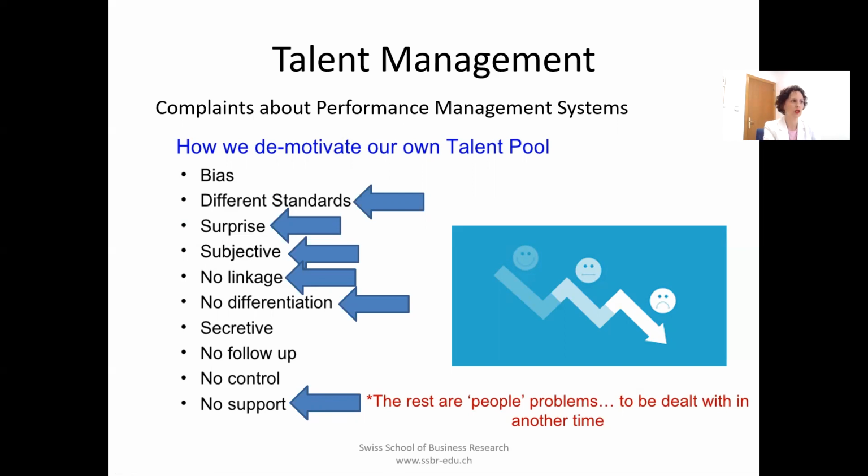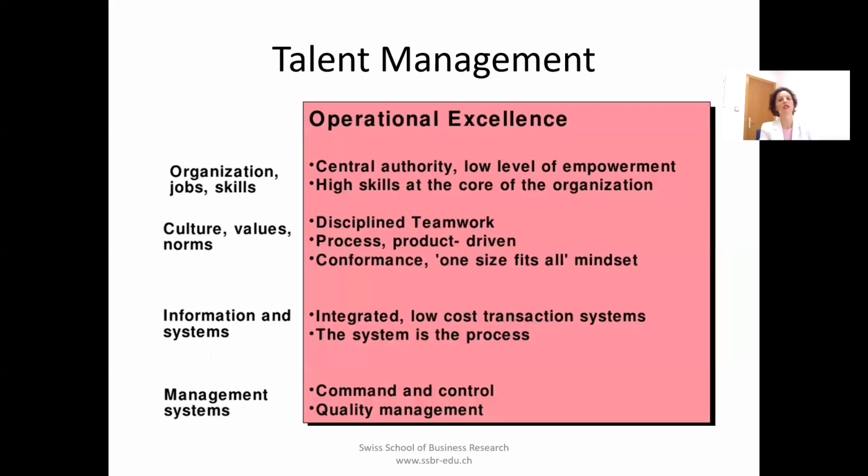So let's take a look at a few other things based on the different kinds of business model that we choose. Talent management within an organization that has chosen the operational excellence, low-cost producer approach. Well, when we look at the organization job skill set that is needed, we can see that most of the companies within this type of organization or discipline have a central authority.